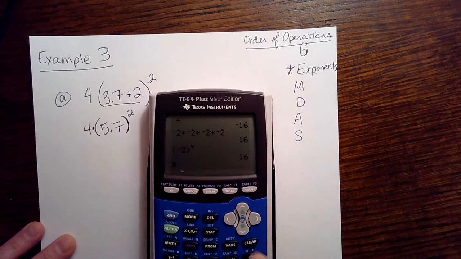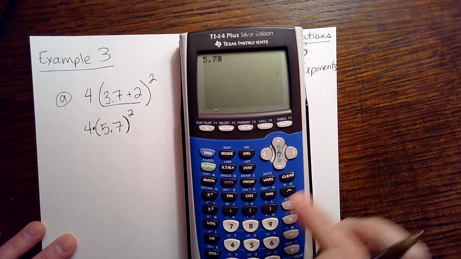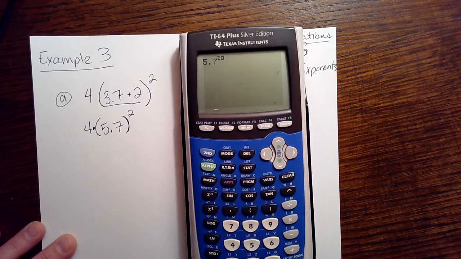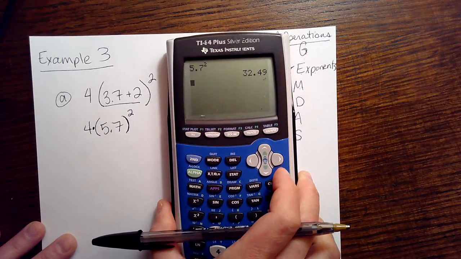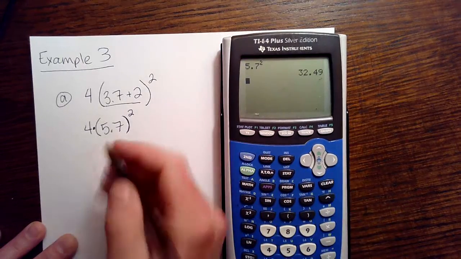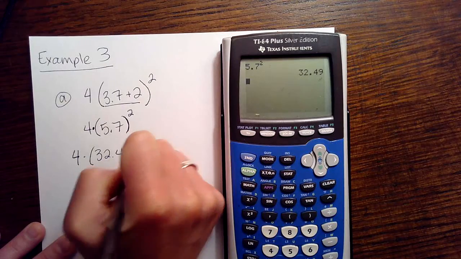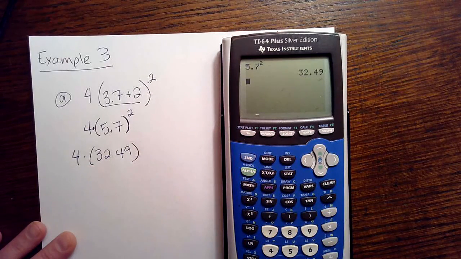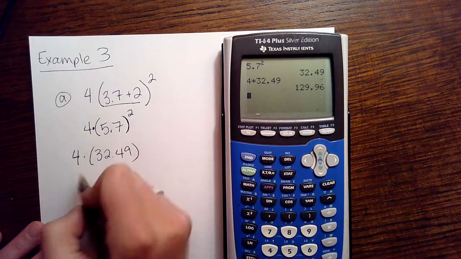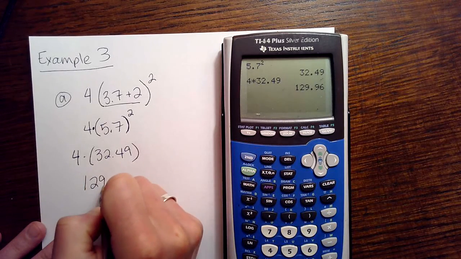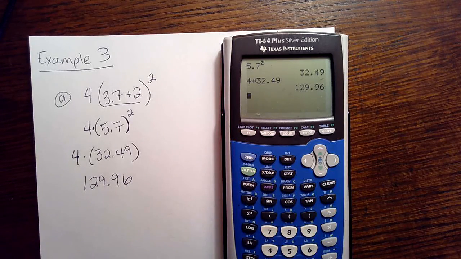I'm going to get out my calculator for this. 5.7 to the second power is 32.49. So 4 times 32.49. And finally, I can multiply 4 times 32.49, which is 129.96. And we follow the order of operations.